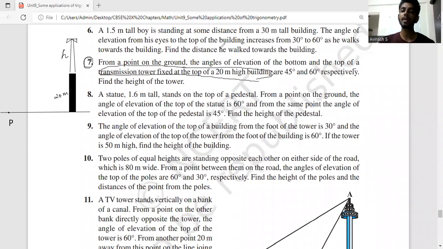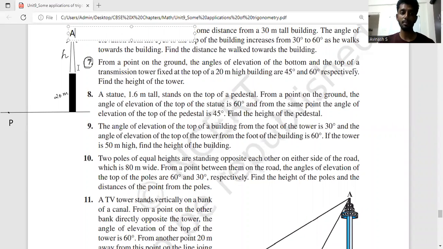What other information they have given apart from this? So first clarity that you need to have is the tower is on top of the building. Now, what else is given in the question? The angle of elevation of the bottom and the top, which means bottom and top of the transmission tower. So what do we mean by that? Let me mark the tower as AB and the building as BC. Now, what they are trying to say by bottom of the transmission tower is this point.